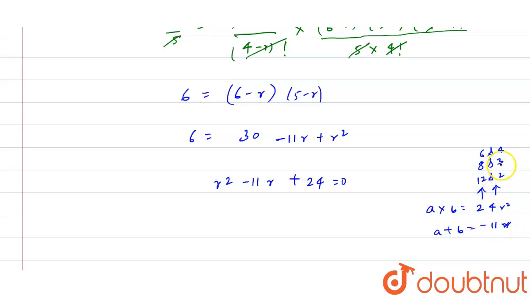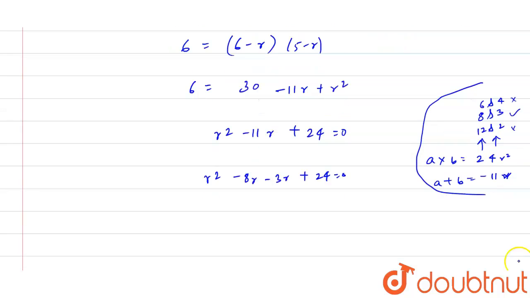Similarly, 8 minus 3 is 5 and 8 plus 3 is 11, so we are getting this. 6 plus 4 is 10 and 6 minus 4 is 2, so we are not getting this. So our factors are 8 and 3, and since we want minus 11r, both 8 and 3 are negative. So we get r square minus 8r minus 3r plus 24 equals 0.